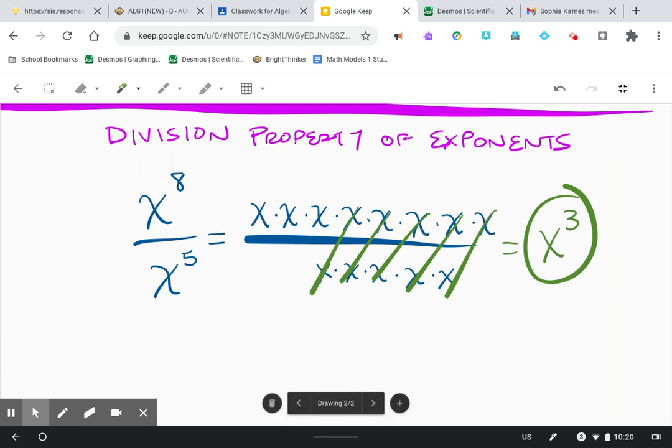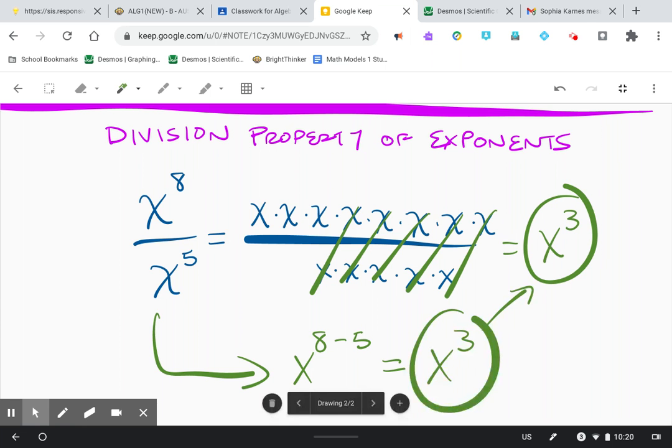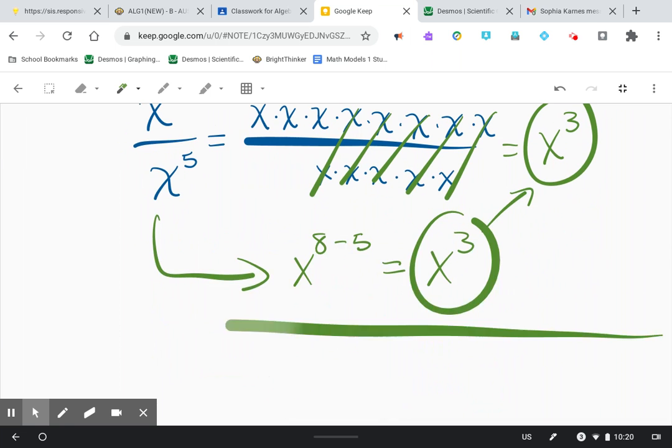And so what we can do is x to the 8 minus 5, and that will give us the same answer as we got up there. So when we divide numbers with exponents, we can subtract the exponents to get the final answer.